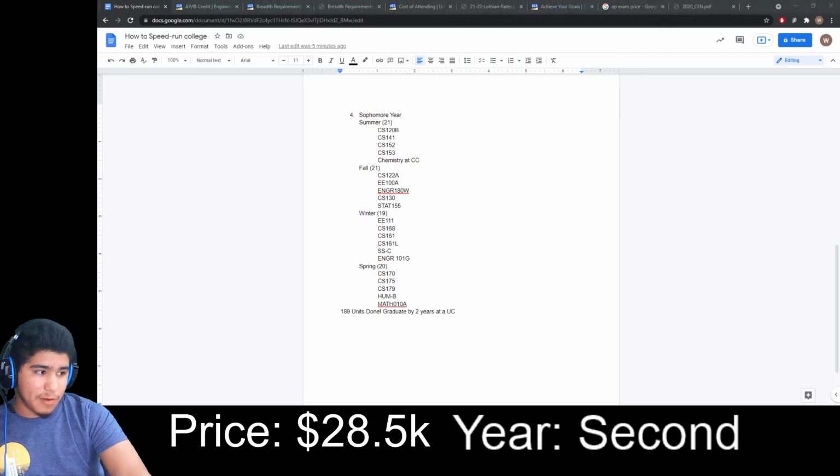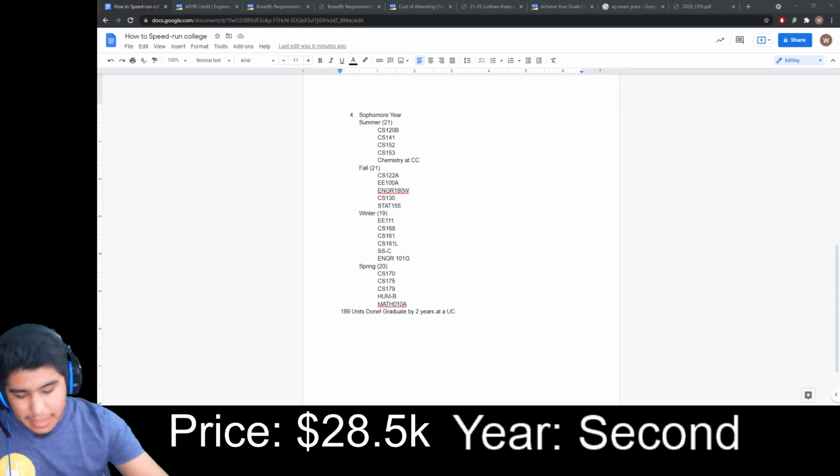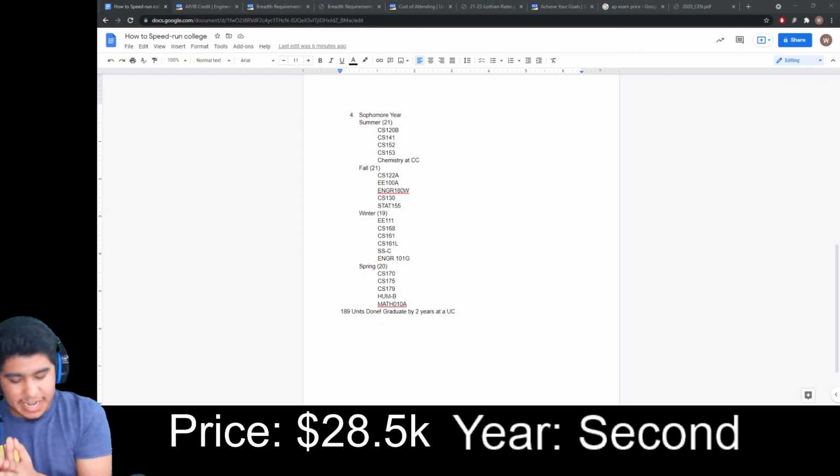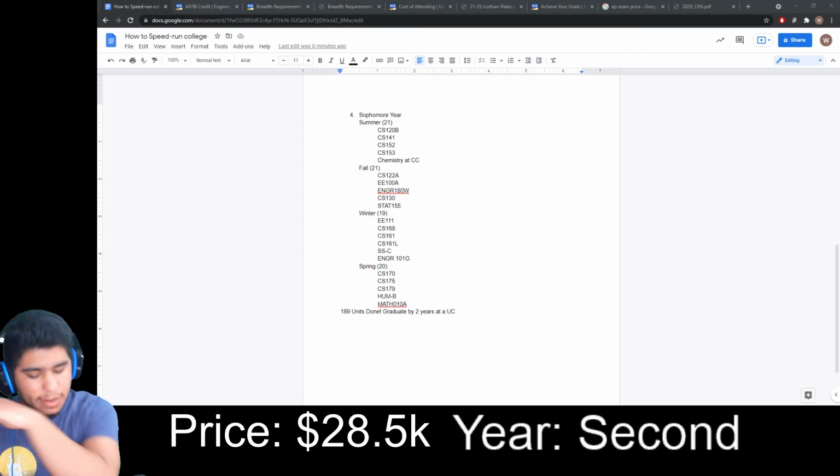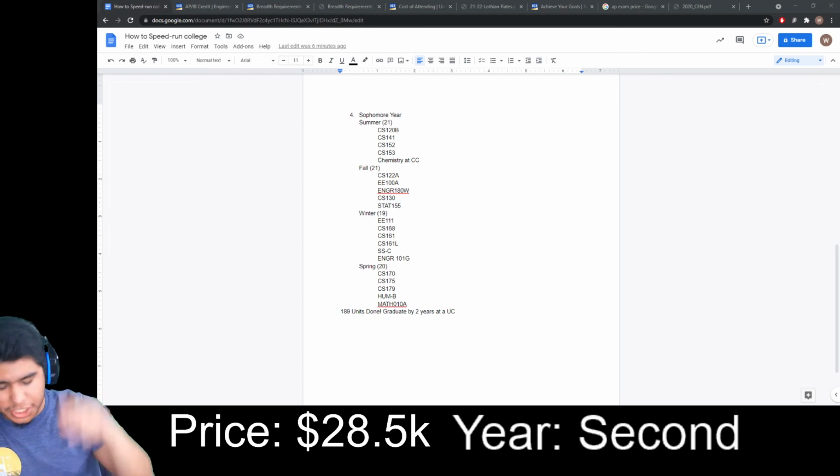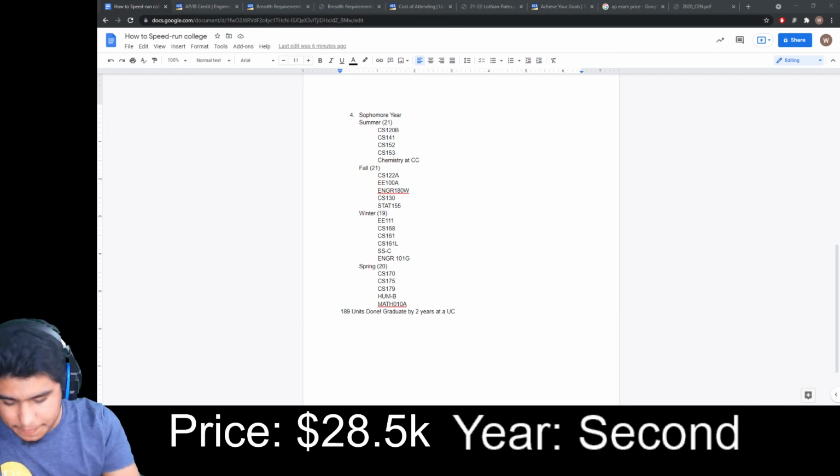Now let's change the price, because obviously a whole another year makes a difference, especially with a lot of those classes at once. So in your second year, let's say now you're an RA, so you get 100% off room and board. Just the tuition and school fees alone, that's about $13,000, close to $14,000 a year.